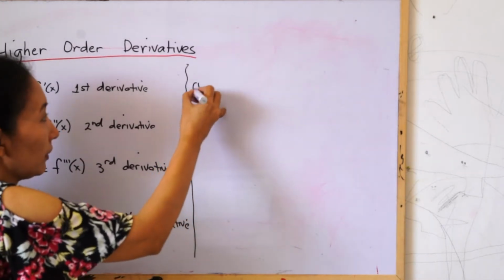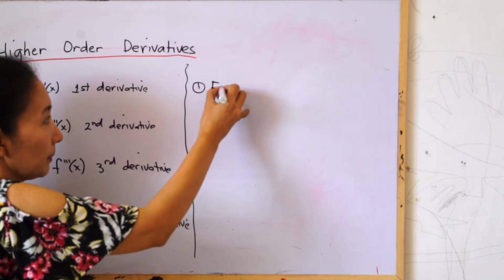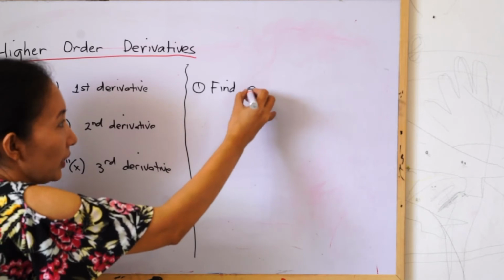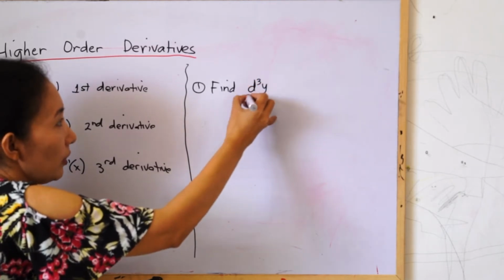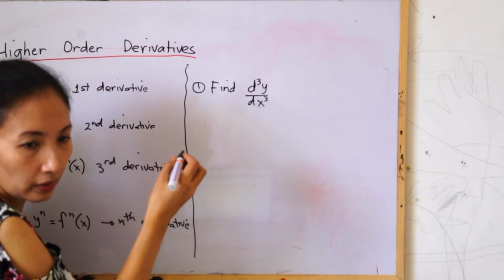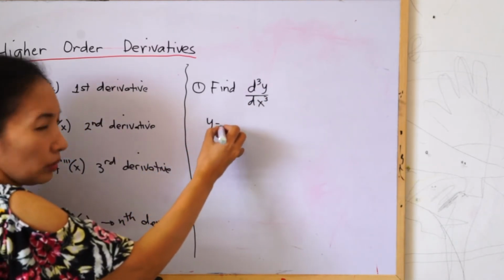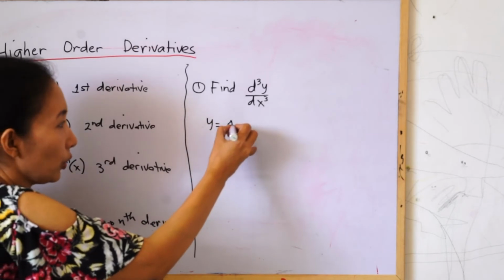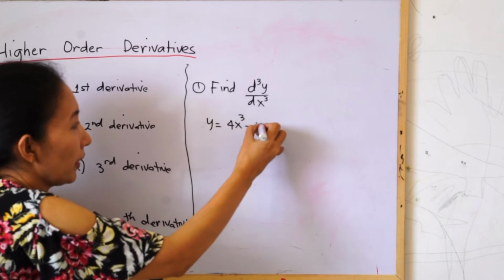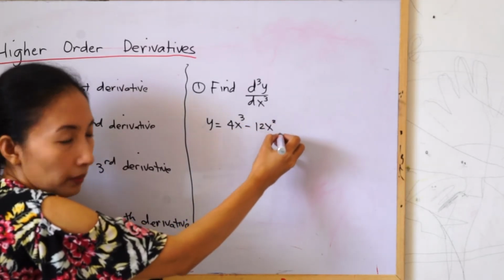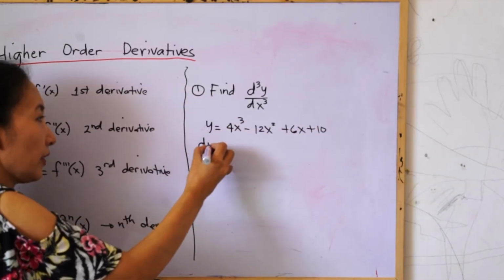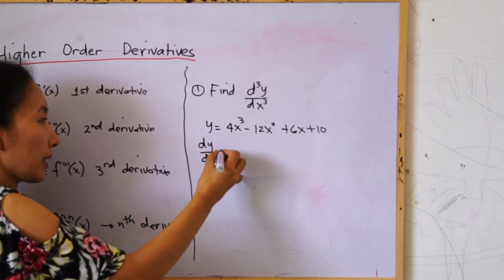Example number 1. Find y triple prime, or the third derivative of y with respect to x, of y equal to 4x cubed minus 12x squared plus 6x plus 10. First derivative, dy over dx.